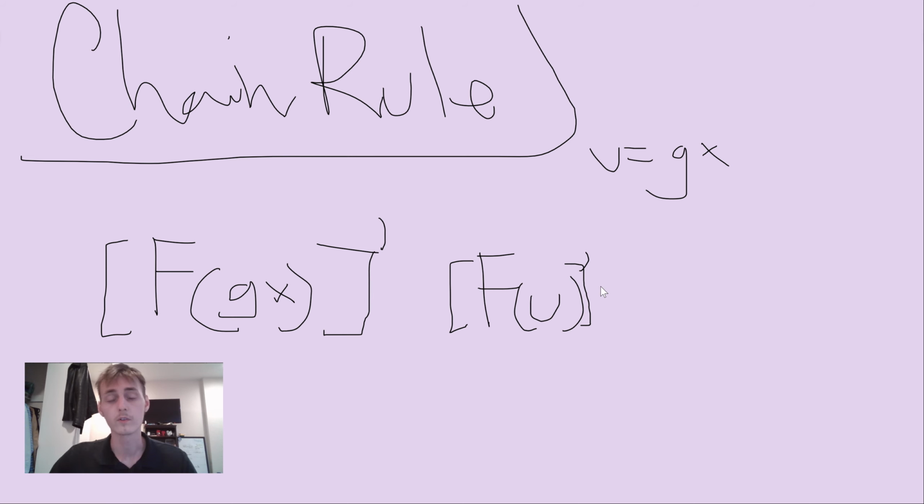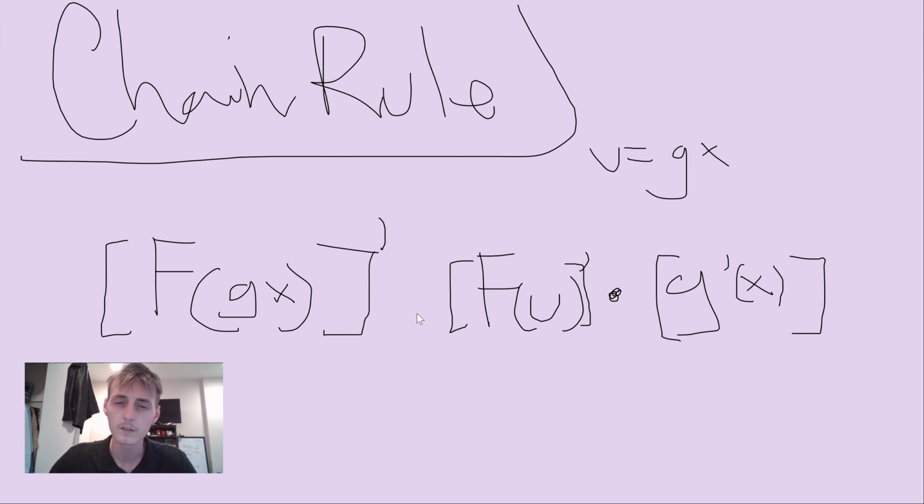So after you take the derivative of the outside, you take the derivative of the inside and multiply it. So outside times g prime of x. And this is the chain rule.